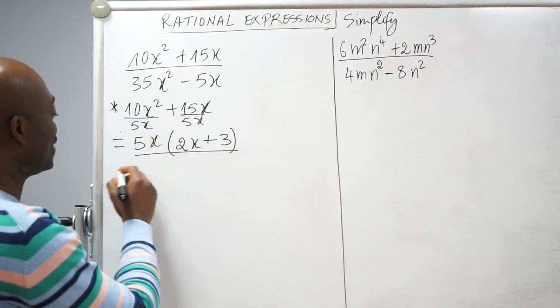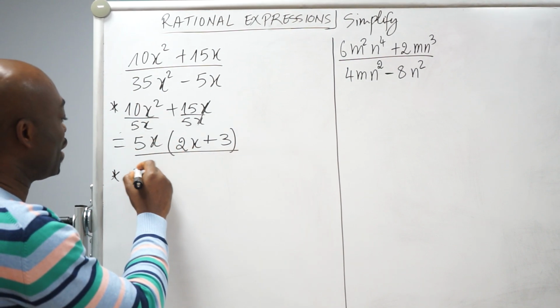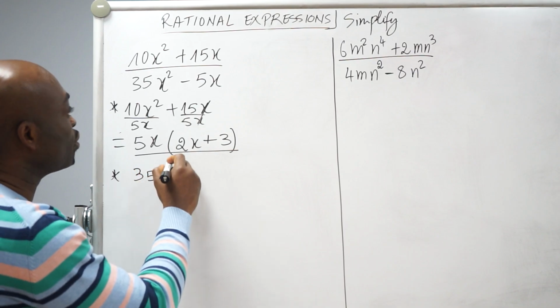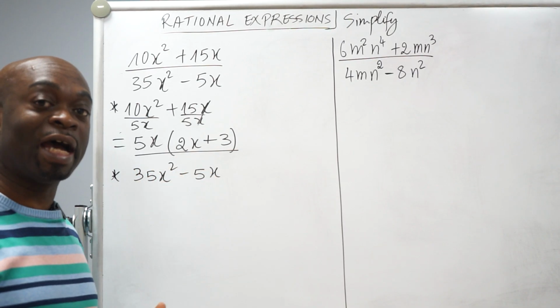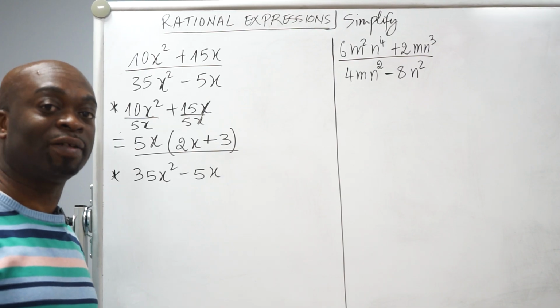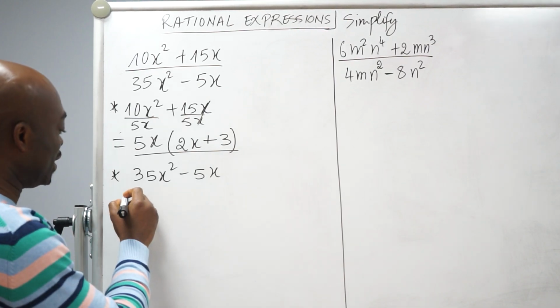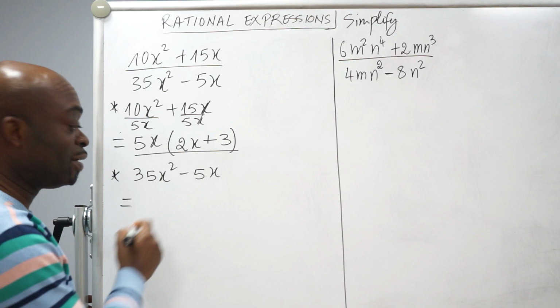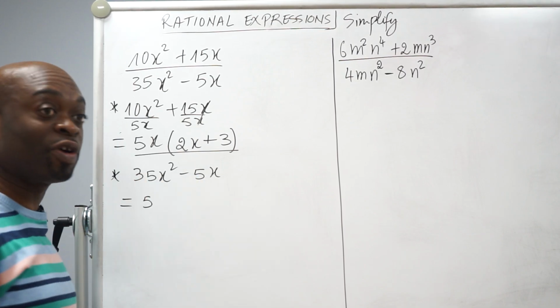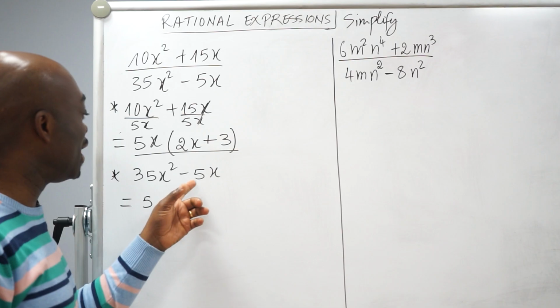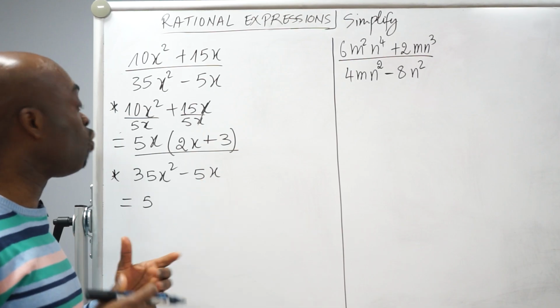Now let's take the bottom one. We have 35x squared minus 5x. In this case, we're going to use the greatest common factor again. What will be the greatest common factor here? For 35 and 5, it's going to be 5 also, because 5 can go into 35 7 times, and 5 can go into 5 1 time.